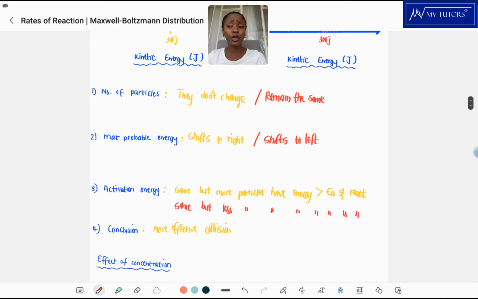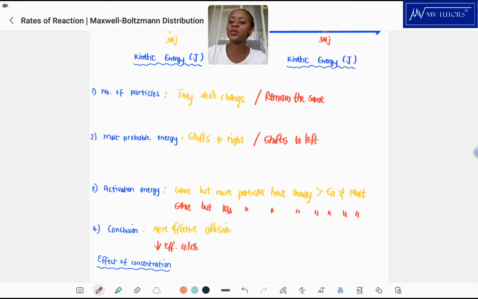So what can you conclude therefore? Well, because there are less particles that actually react, you don't have as much effective collision. There are less particles that you have. Okay, those particles do not have kinetic energy that is higher than the activation energy, so therefore less effective collision.